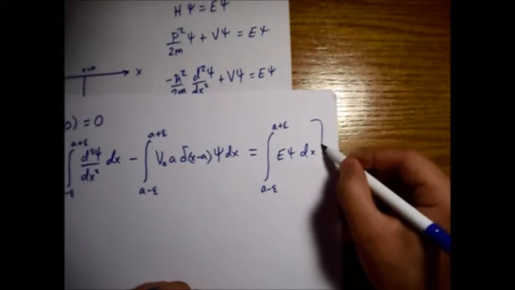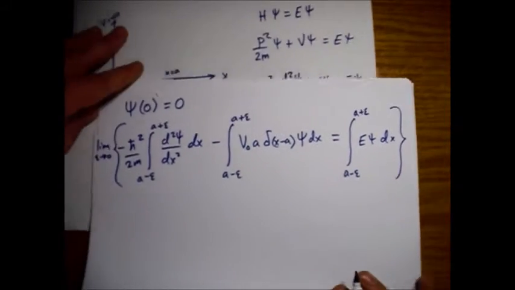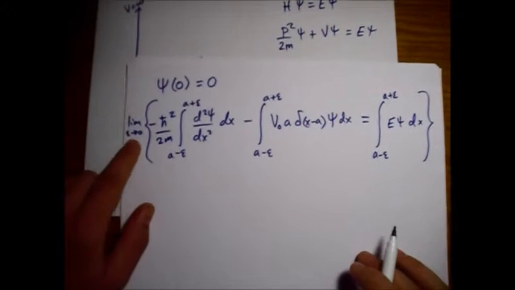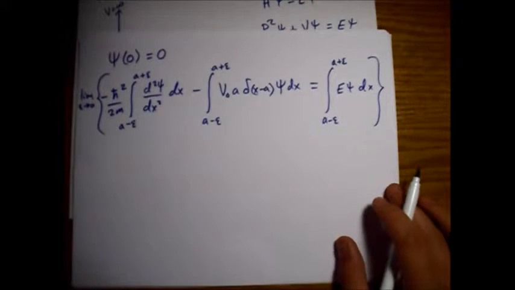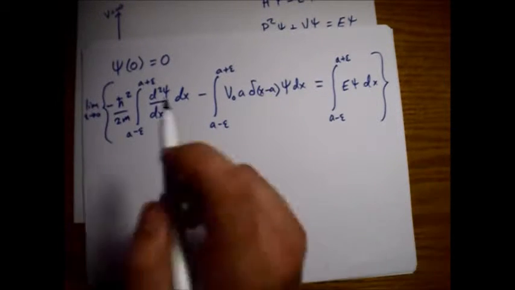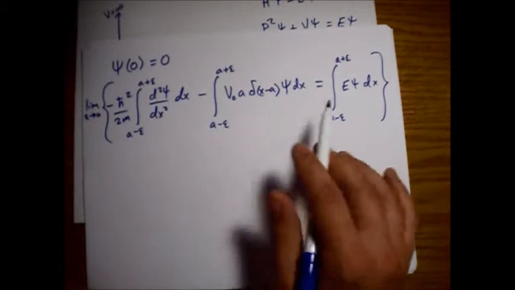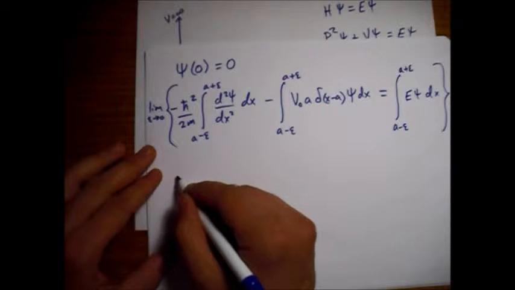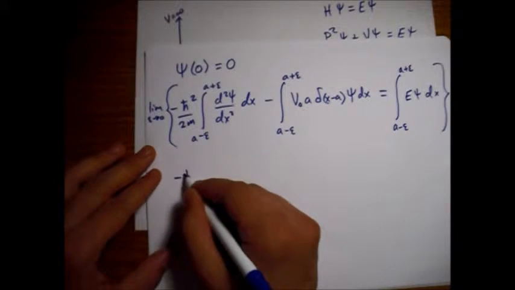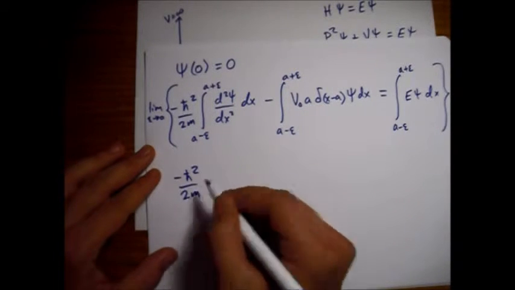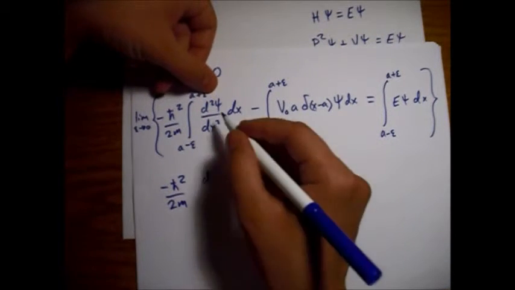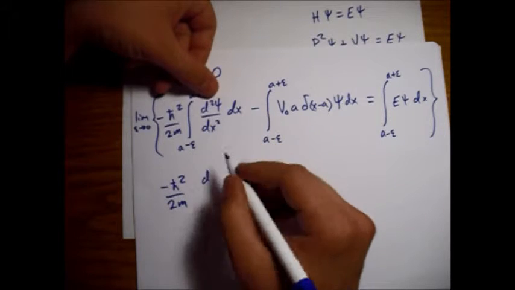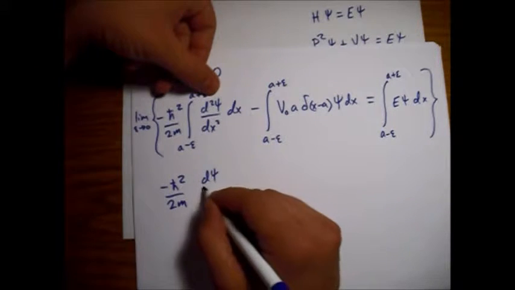And this is all as we take the limit of epsilon going to 0. So what we get here is minus h bar squared over 2m, and then we're going to have the single derivative. This integration took out one of them.